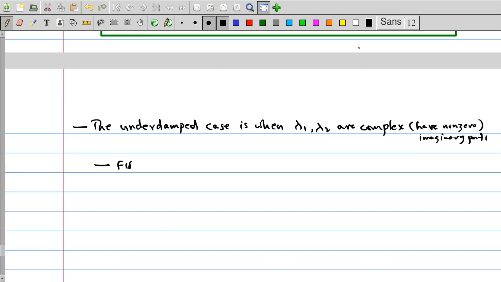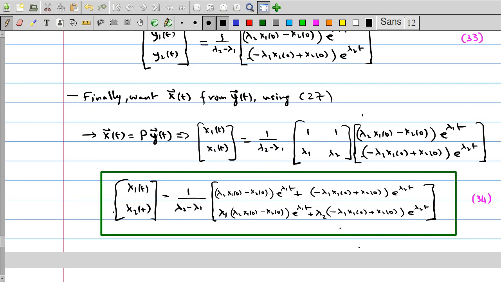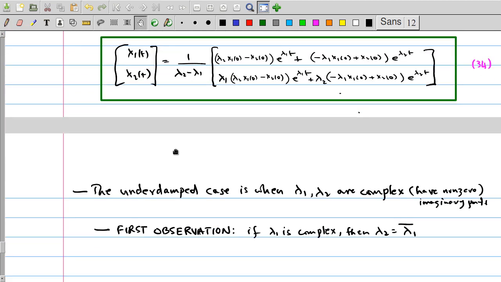First observation: if lambda 1 is complex, then lambda 2 is equal to lambda 1 conjugate. Second observation: if lambda 1 is complex, then p1 is equal to p2 conjugate, simply because we have that.